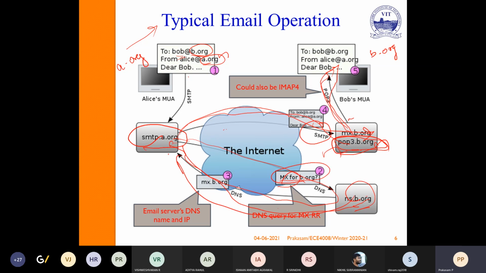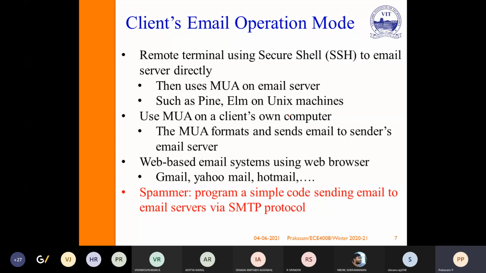You can contact them. Then smtp.a.org will send a message to pop3.b.org, that is the specific address of Bob. From that, it will connect with Bob's mailbox at b.org. So now using these steps, we can send a mail from Alice at a.org to Bob at b.org. This is the typical email operation.